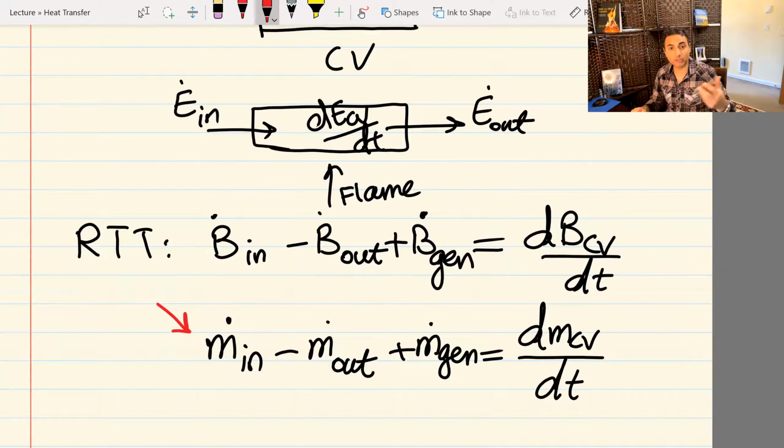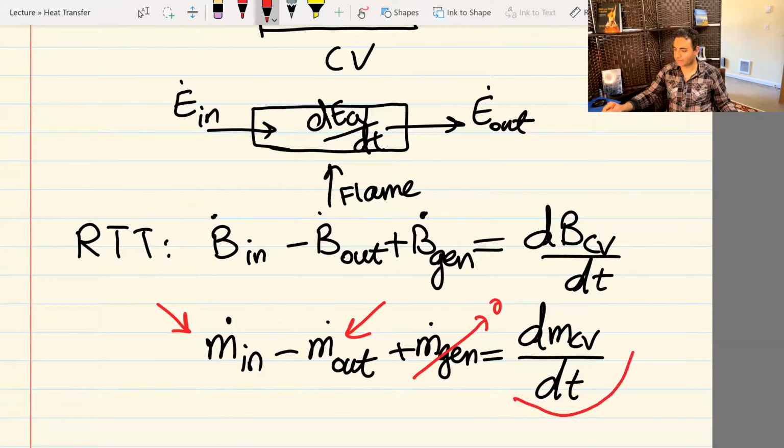M dot in is the number of students per minute, per second, who actually walk into the classroom. And M dot out is the number of students per unit of time that are walking out of the door. And M dot gen is, well, no students get generated in the classroom, hopefully. So that would be 0.